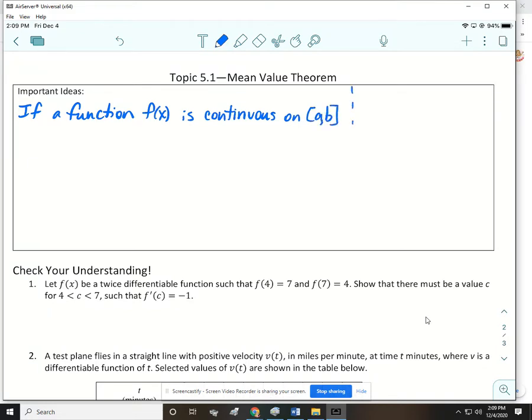I drew my first bracket a little rounded, but it needs to be a closed interval. And that same function is differentiable on the open interval from a to b.